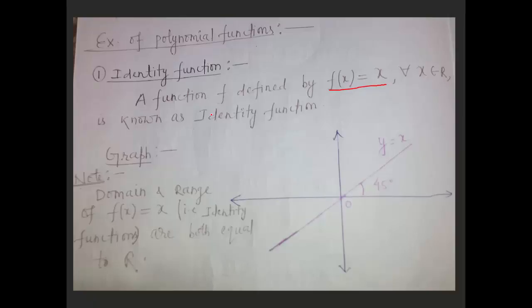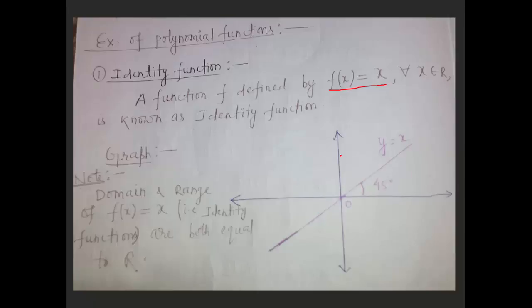So clearly f(x) = x represents a straight line which passes through the origin and makes an angle of 45 degrees. Here the slope of this equation y = x is 1, that means tan theta = 1, that means theta = tan inverse of 1, that means theta = 45 degrees. That means this straight line forms an angle of 45 degrees with the positive x-axis.